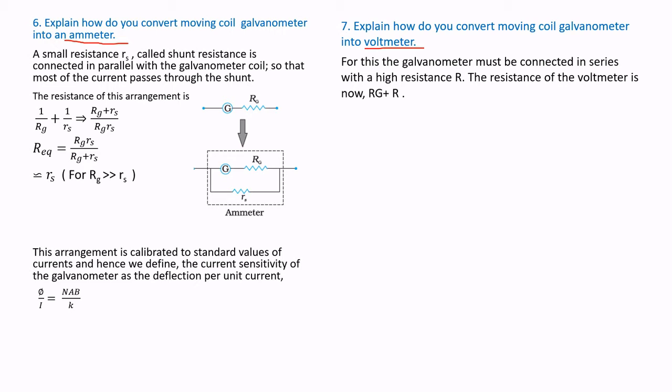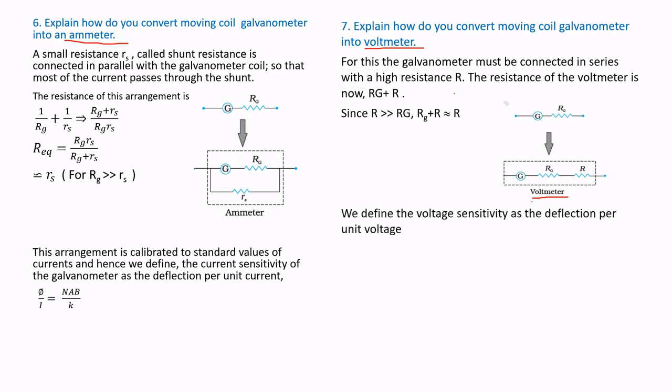The resistance of the voltmeter now is Rg plus R. In order to convert it into a voltmeter, we connect an external resistance R in series. Since R is far greater than Rg, Rg plus R is approximately equal to R.